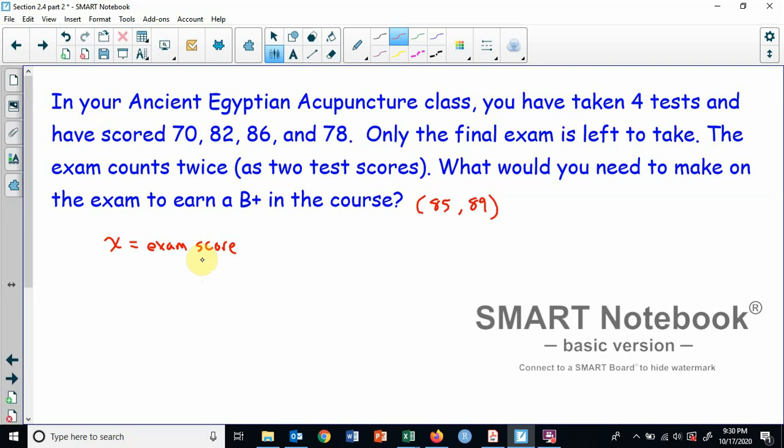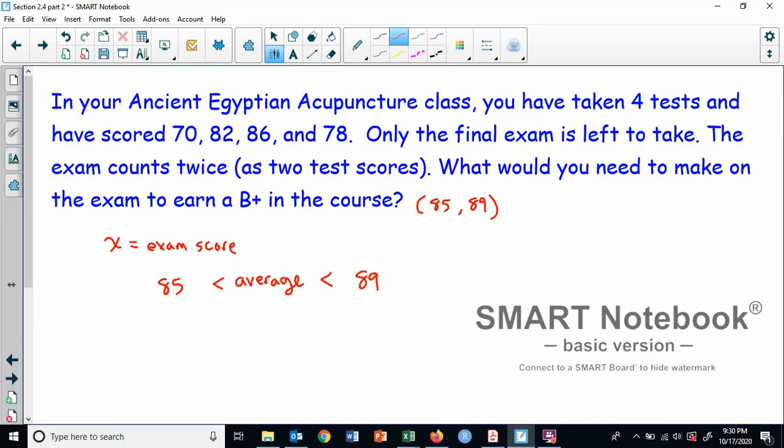Now, let's see if we can write an equation. This equation kind of writes itself a little bit. Let me do some thinking first before we get to writing our explicit equation. You want your overall average to be between an 85 and an 89, right? Aiming for a B plus.